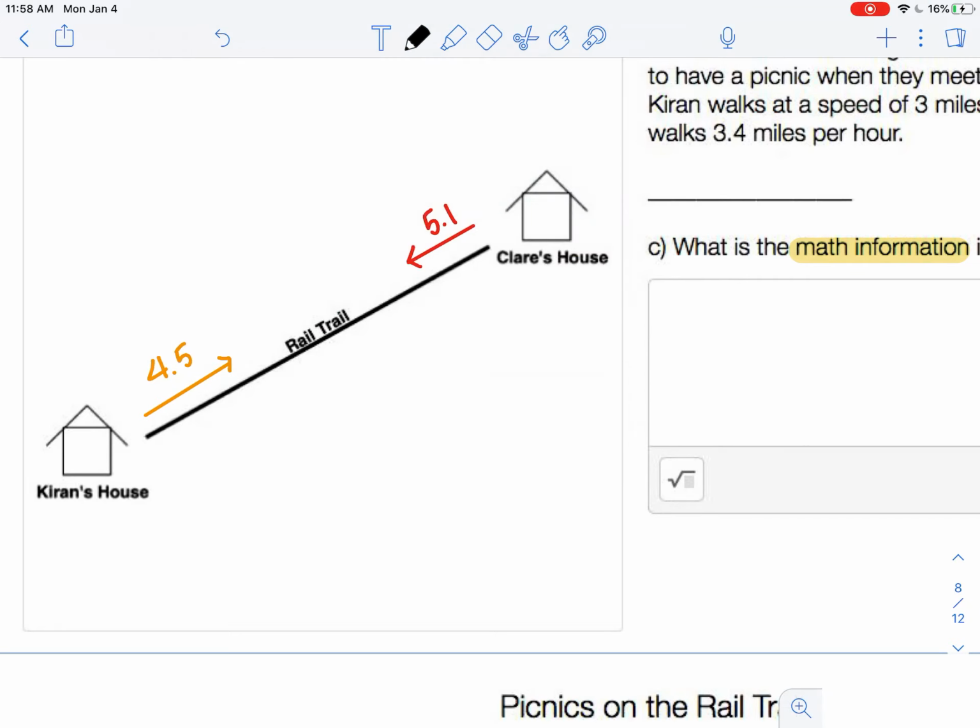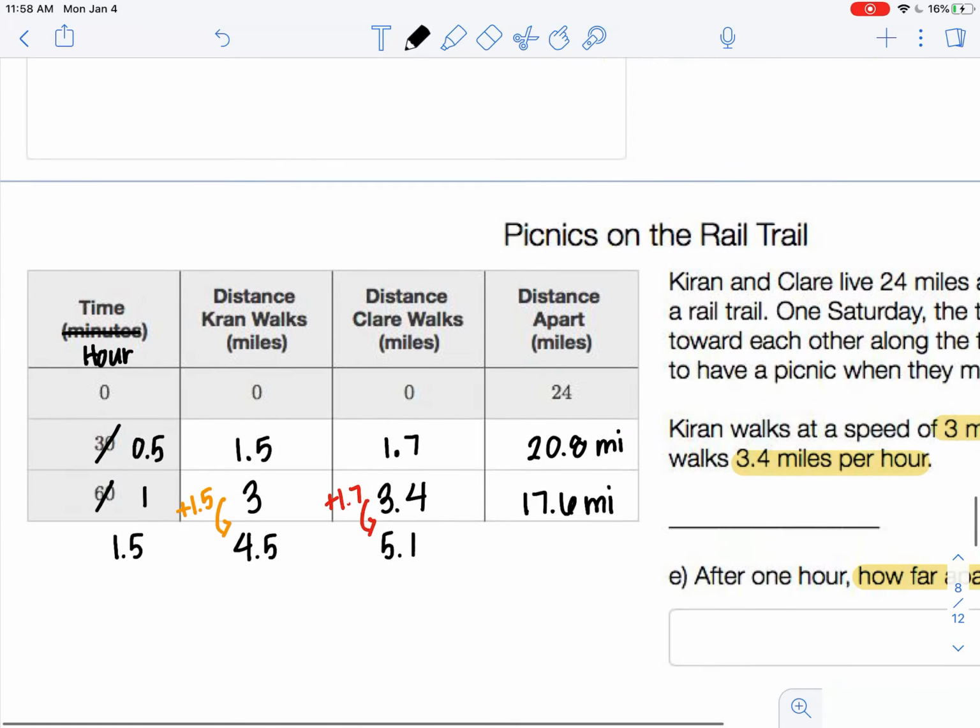So to find their distance apart, we would simply subtract 24 minus 5.1 minus 4.5, and that's going to tell us how much is left over, or their remaining distance apart after they've traveled for, in this case, 1.5 hours. So we can put that in our table here.